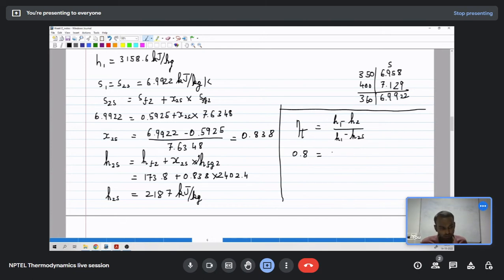So H1 is 3158.6. So 0.8 equals 3158.6 minus H2 divided by 3158.6 minus 2187, which means H2 is equal to 3158.6 minus 777.28.